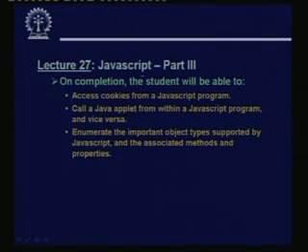In the next lecture, continuing with JavaScript, we first talked about cookies, how you can use cookies, and then we talked about interoperability with applets, how a Java applet can be called from a JavaScript program, and vice versa.